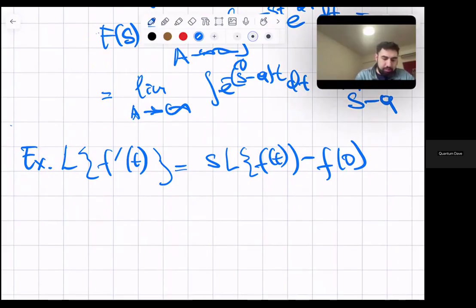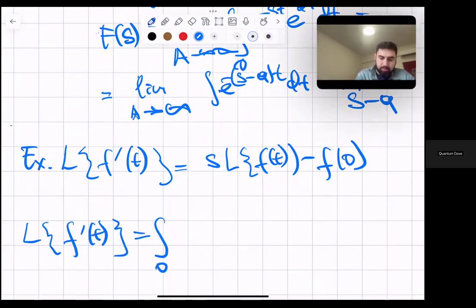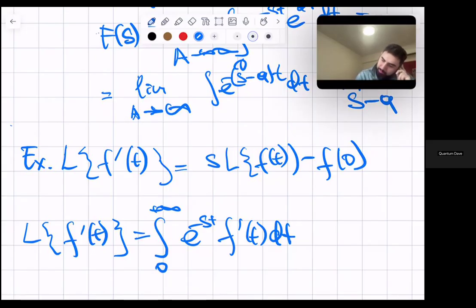So at first we want to prove this. In order to prove this, let's just write the definition and see what we get. So 0 to infinity, e to the minus st, but now we have the derivative of f(t) dt. Now we can do integration by parts.